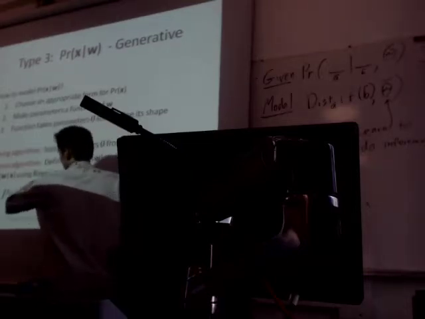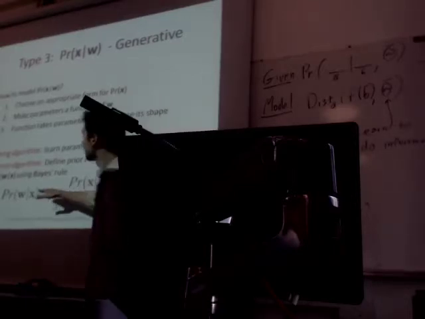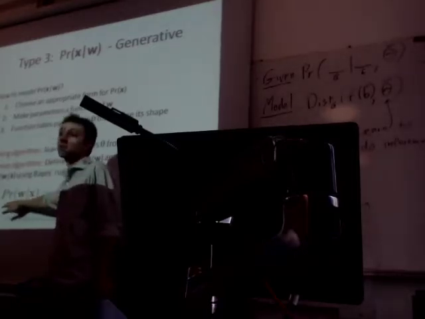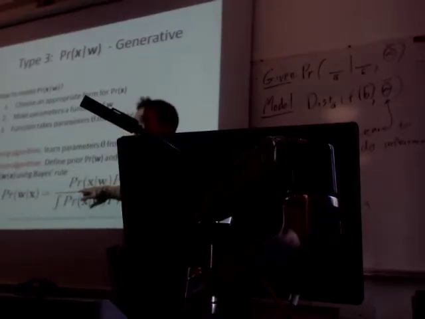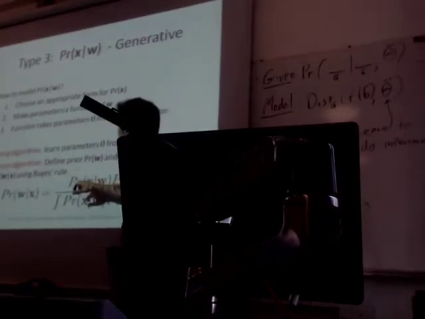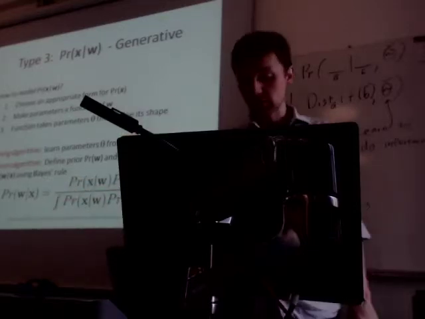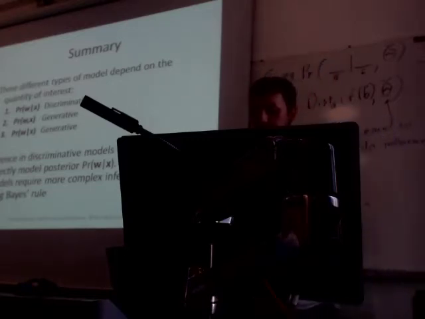And again, if I move that probability of x down to the denominator here, which is what this is, I can compute my posterior probability, the probability of w given x, the thing I was wanting in the first place. But I did so using a generative model where we were modeling the distribution of x's. All right. So those are our three types. Now we're going to go ahead and apply them.